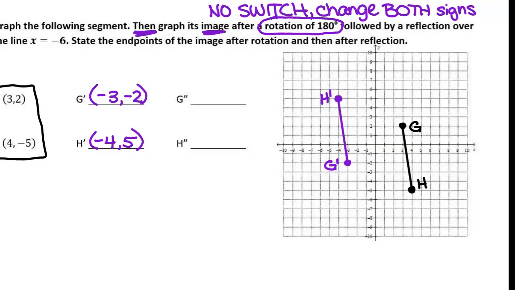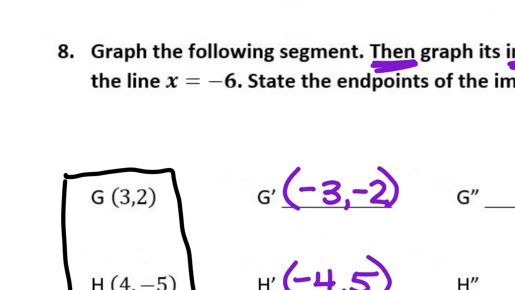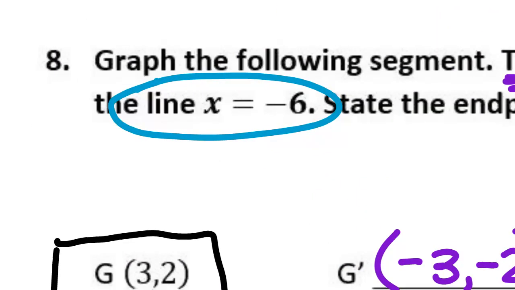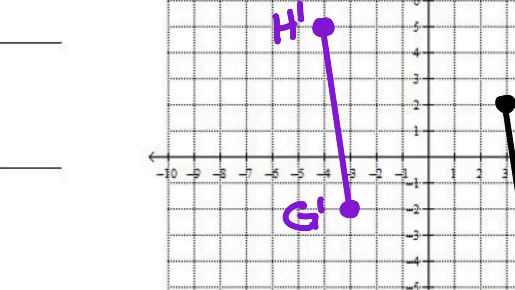All right, and then it says followed by a reflection over the line x equals -6. So we have to find -6 on the x-axis. -6 on the x-axis is right here.